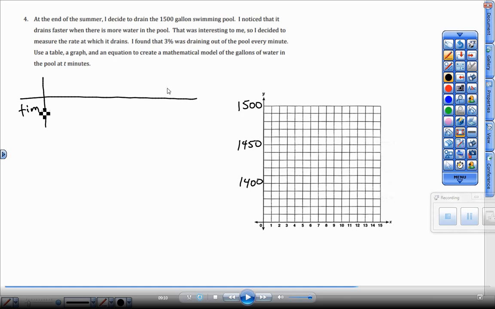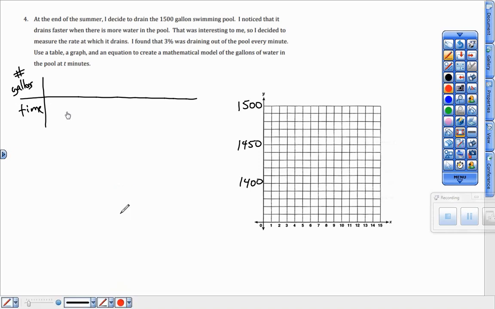So this one, instead of using the common ratio as 1.03, I'm going to take that 0.03 away from 100 and use 0.97. So for my time, which is minutes, number of gallons on top, I have the first four terms, 0, 1, 2, 3, 4.